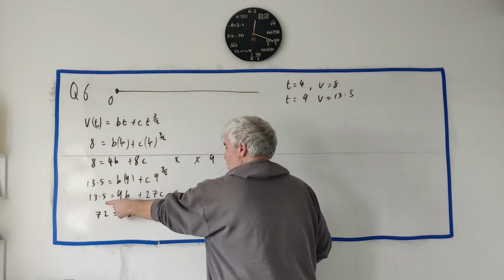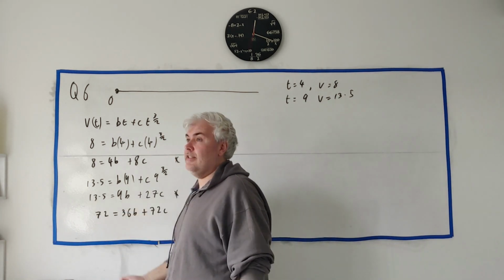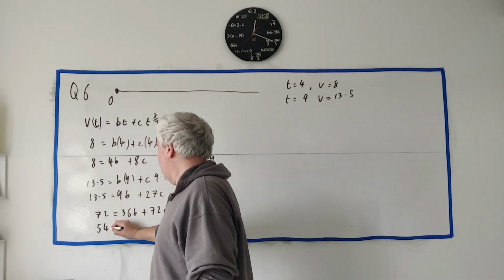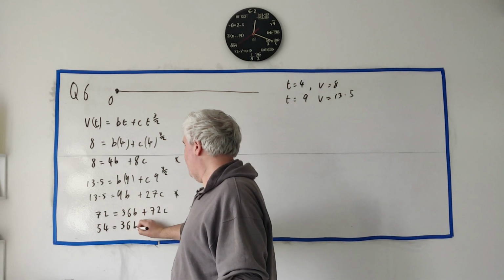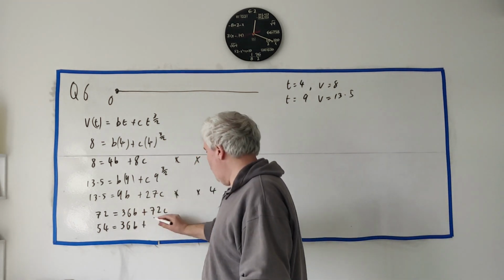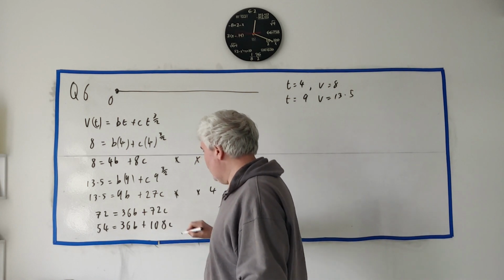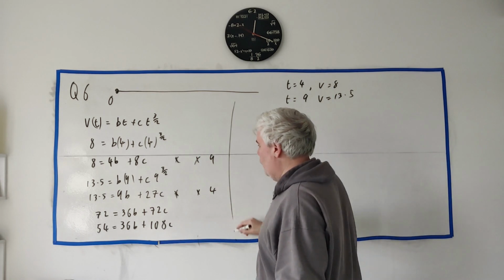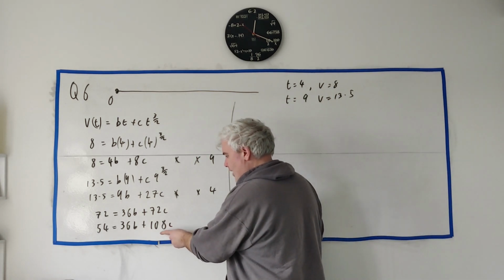I multiply everything here by 4, I would get 54 equals 36b plus 108c. Let's take these away from each other, so that c is positive.